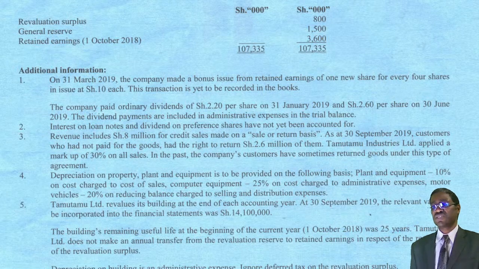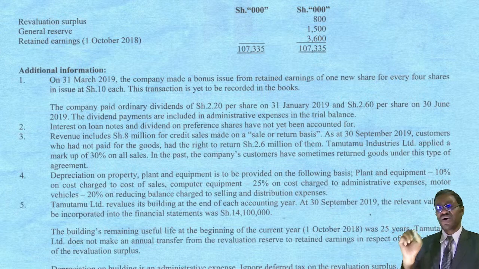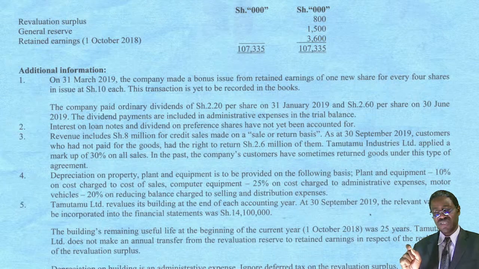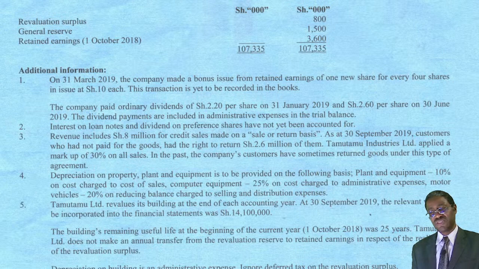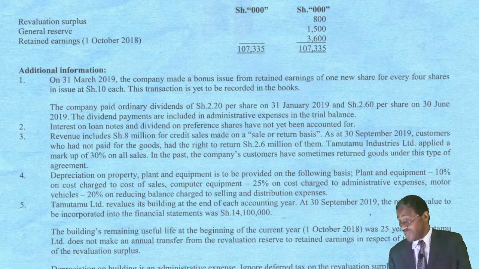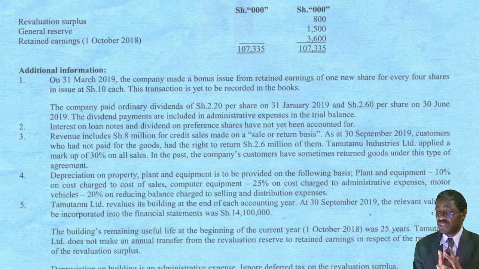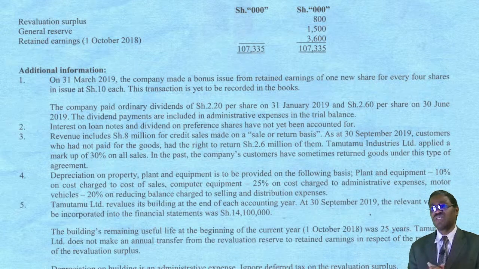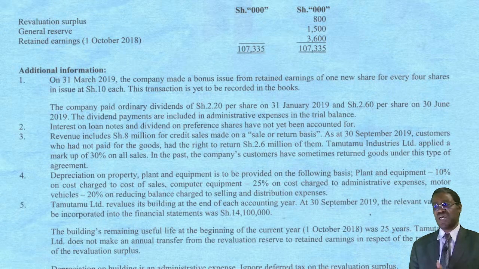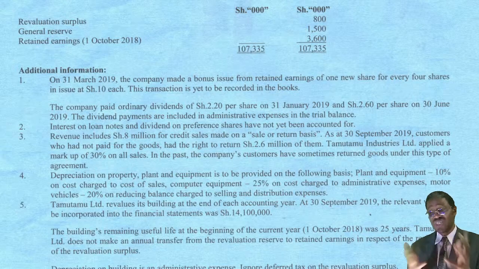Then they are telling us that on 30th September 2019, customers who had not paid for goods had a right to return 2.6 million of them. So out of 8 million, not all of them have issues. It is this 2.6 million that can be returned anytime, which we are told as at 30th September, which is the end of the year.